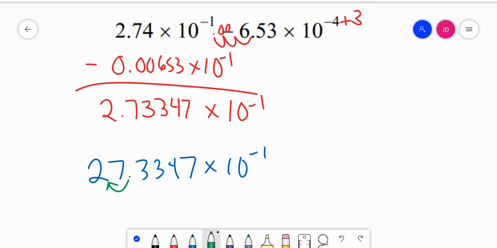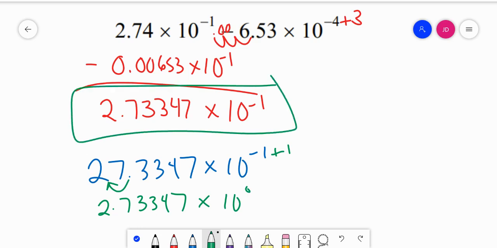And when that gets smaller by moving the decimal, the exponent gets bigger by 1. So you would get 2.73347 times 10 to the, in this case, 0. Okay, but that's just an obscure number. So just make sure at the very end that the number is in scientific notation. And if it's not, you're just going to have to adjust the decimal point and the exponent, the power of 10.